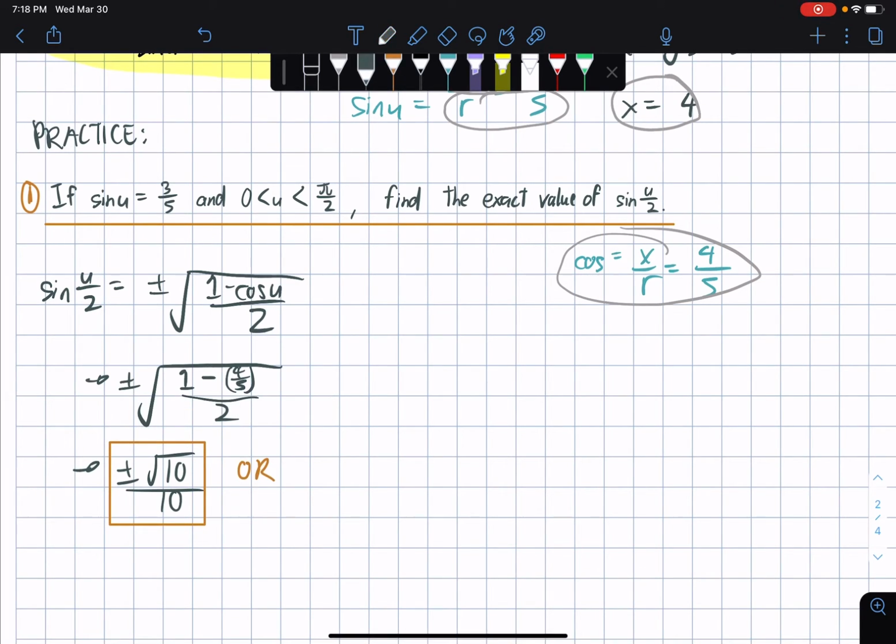Or another answer is when you order the calculator to translate this entire expression into decimal form. What you have is plus minus 0.3162, rounded off.